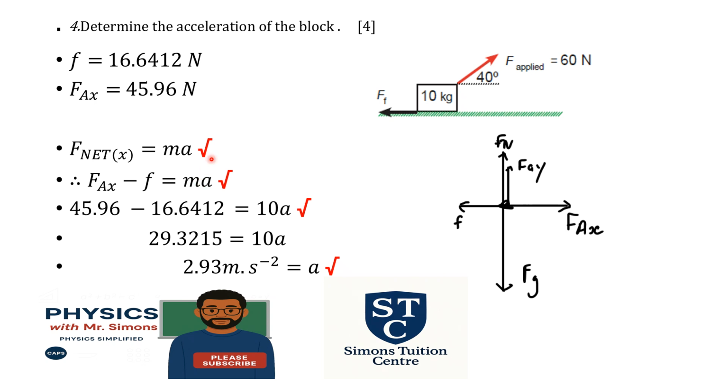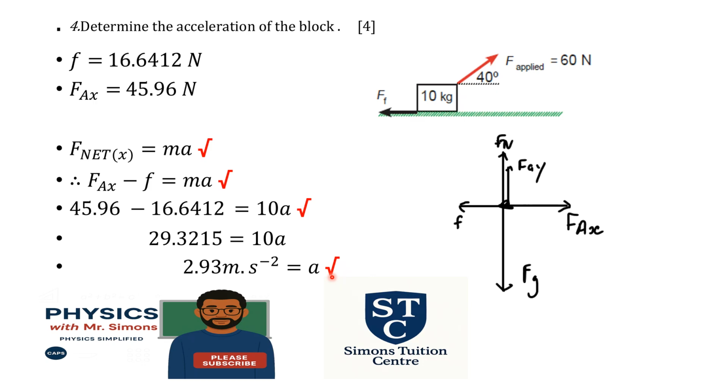So 1 mark for those two. If I substitute the values, 45,96 minus 16,6412, and my mass there was 10 kgs, so that becomes 10a. 45,96 minus 16,64 gives me 29,3215 equals 10a, and if I divide by 10, I'm simply shifting the comma one space, so it becomes 2,93215, or rounded off to 2,93 meters per second squared.